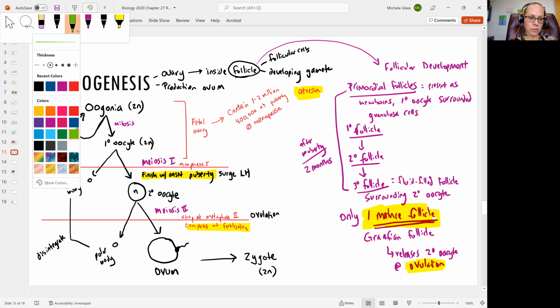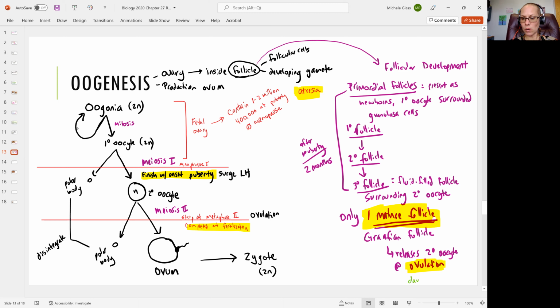This process of ovulation is occurring around day 14 of a 28-day cycle. We're going to go into these details and map it out a little bit.